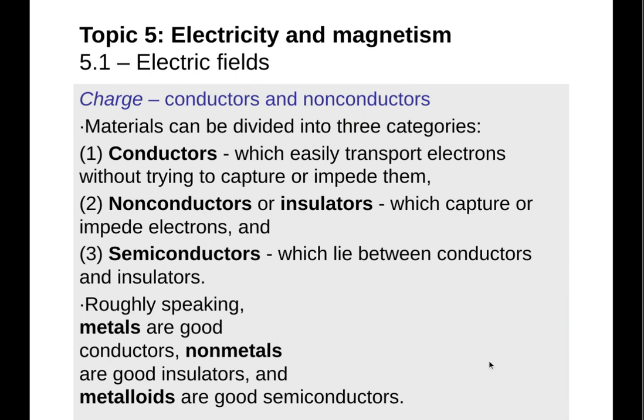So the second thing is insulator. Yes, Jesse, what is an insulator? It's the one that doesn't allow electricity to pass through. Yeah, good. Example? The coating on wires.